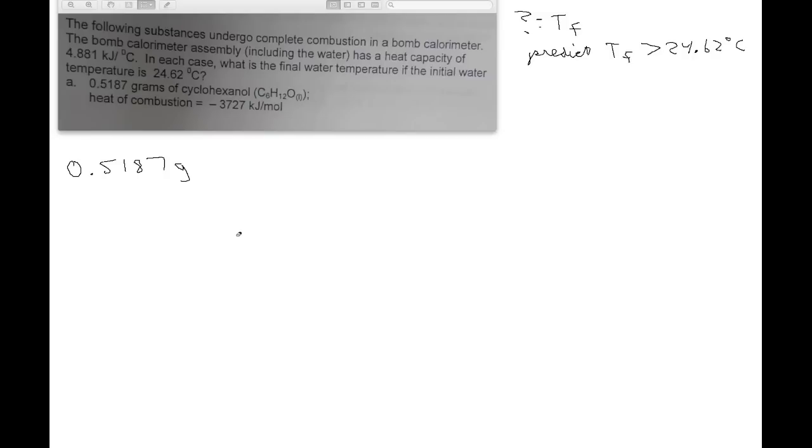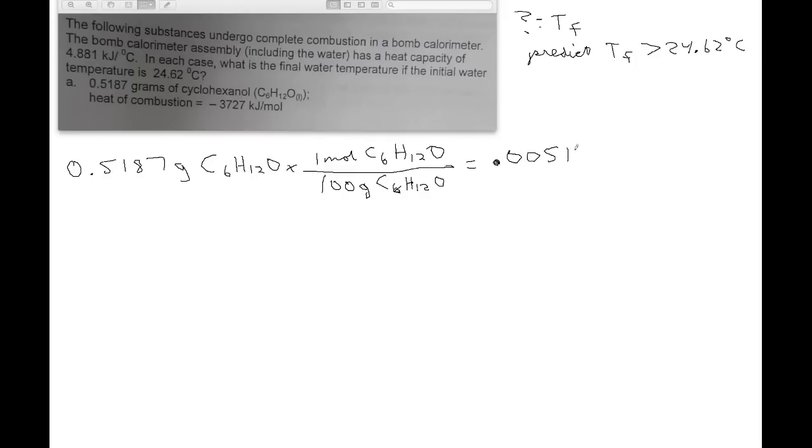So we have 0.5187 grams, and we divide it by 100 grams per 1 mole. 12 times 6 plus 16 plus 12, 100. So 0.5187 divided by 100 is equal to 0.005187 moles of cyclohexanol.